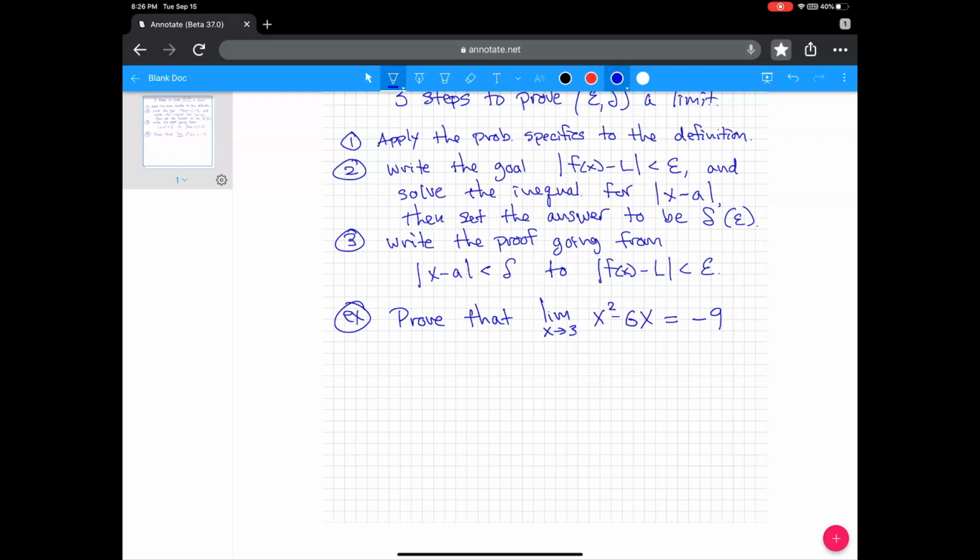And so first we have to remember what that is. So here's the definition.